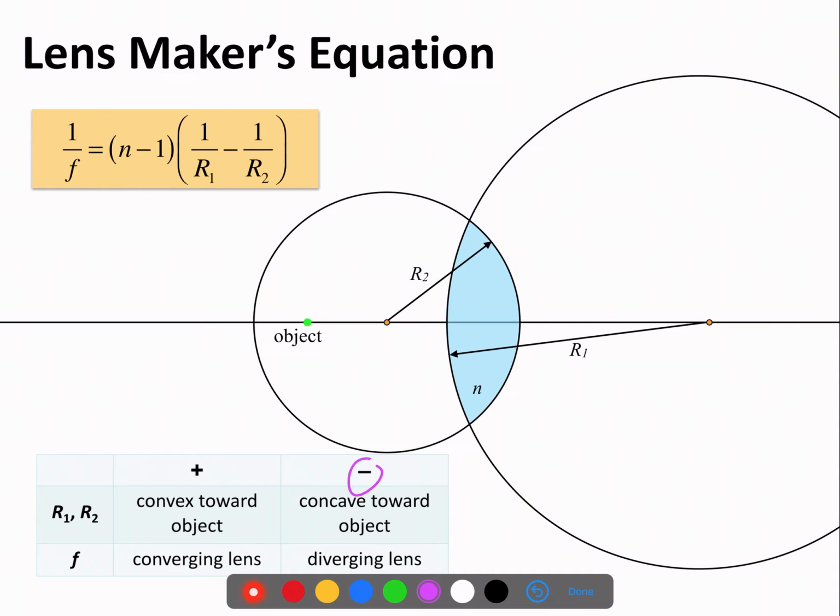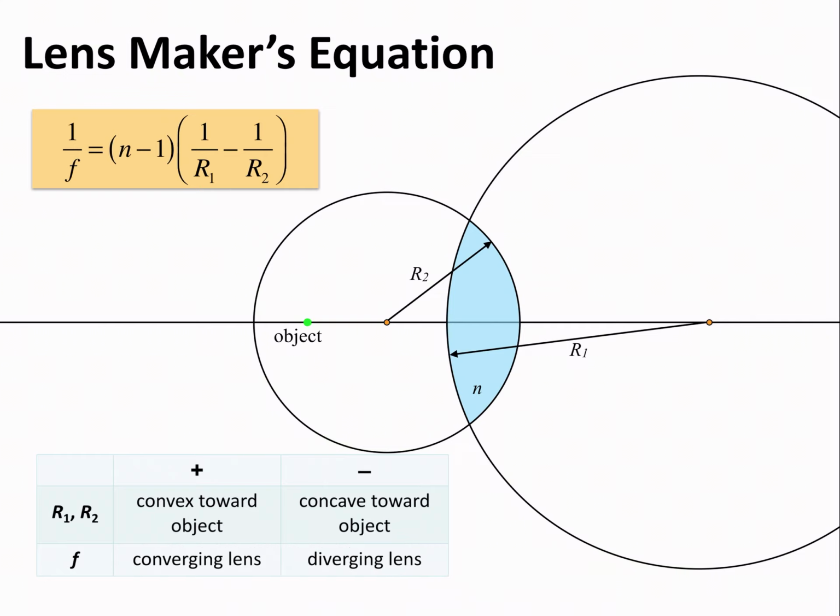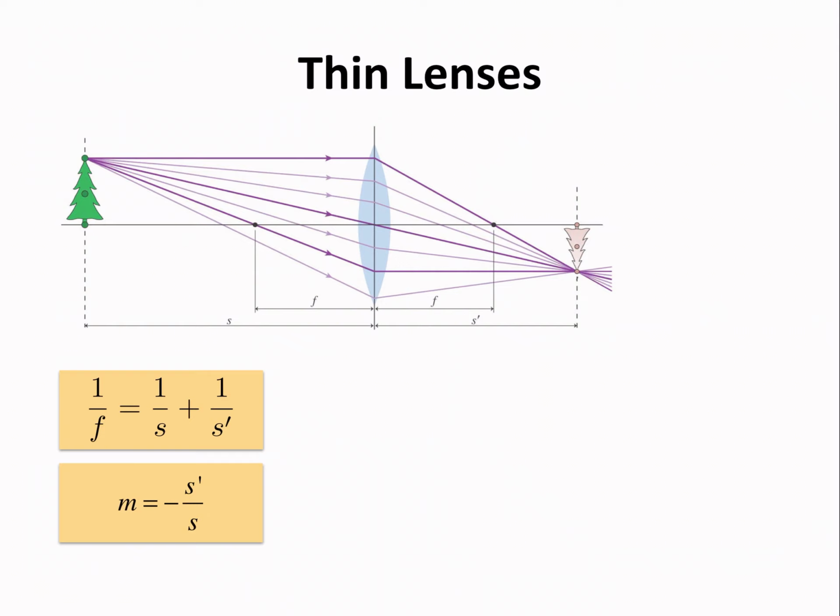That means that would be negative, okay? Now, we know for the focal length, positive means a converging lens and negative means a diverging lens. So that's all we're keeping in mind here, okay? All right, so that's the lens maker's equation.